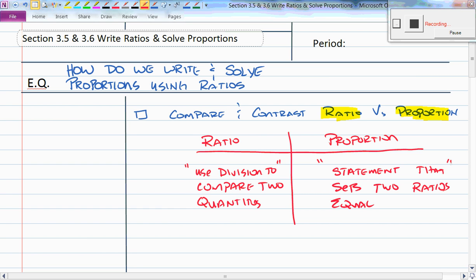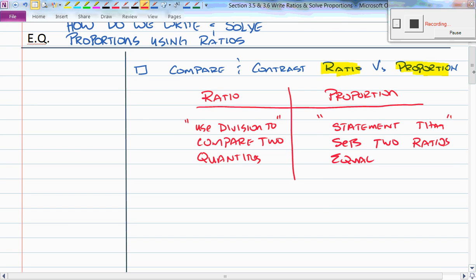So a ratio uses division to compare two quantities, and a proportion is a statement that sets two ratios equal to each other, right? It says that they are equivalent. So let's practice with this.